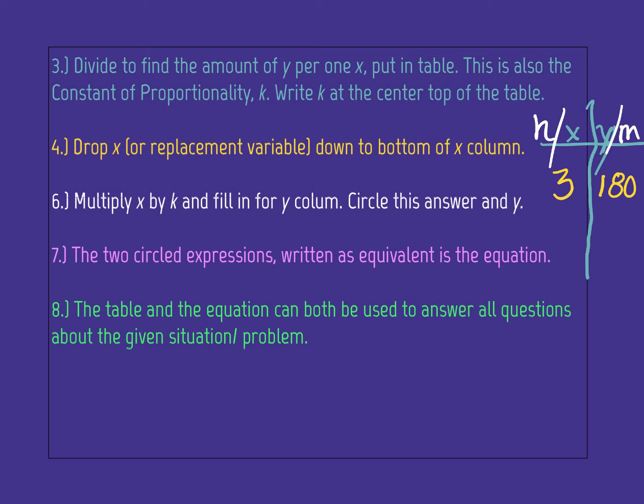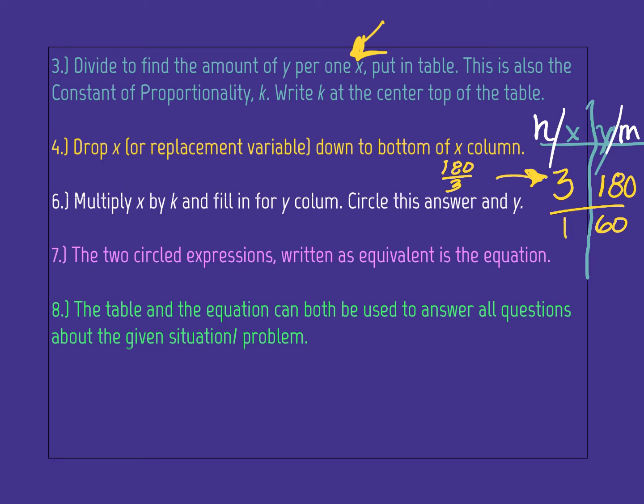Up here it says, divide to find the amount of Y per 1 X. So I would take this and divide 180 by 3. Hopefully you all realize that is 60 per 1. So 60 miles per 1 hour. So that means my average speed was 60 miles per 1 hour. And that makes sense, right?